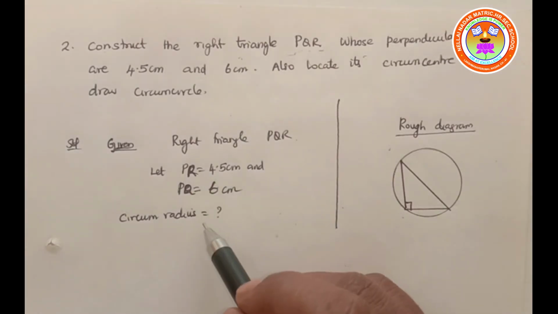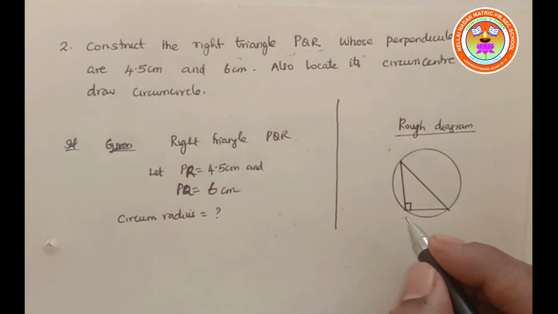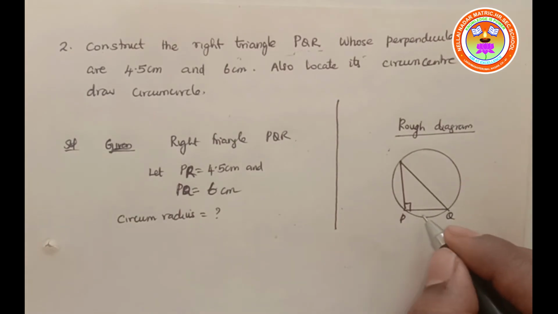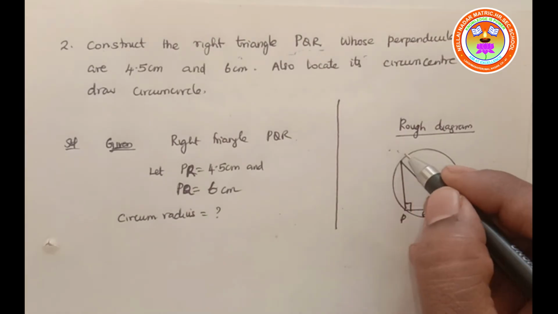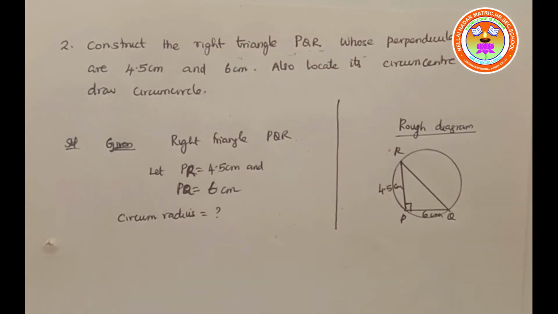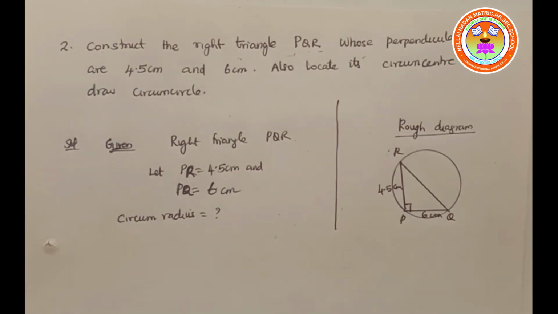Find the circumradius. First draw a rough diagram: PQ is equal to 6 centimeter and PR equal to 4.5 centimeter. The angle is 90 degree because it is a right angle triangle. Now we are going to find the circumradius.